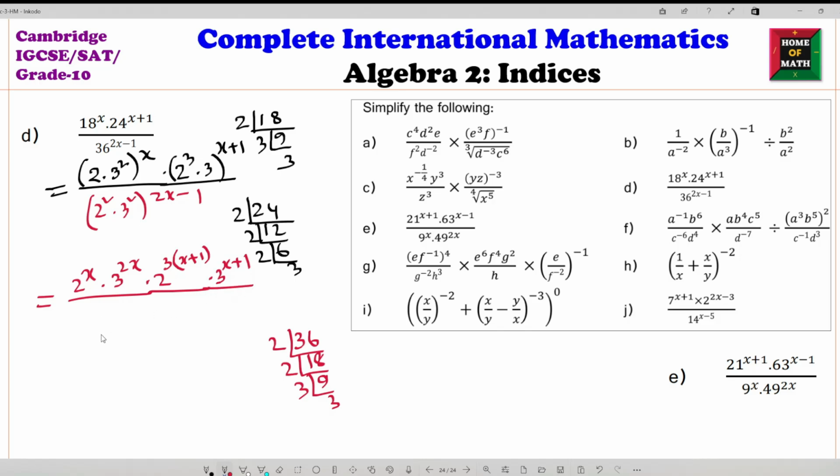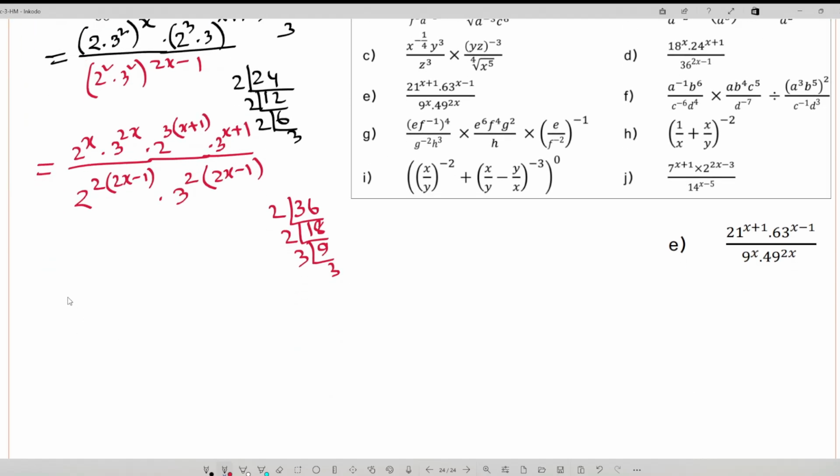Okay, and here 2 to the power 2 times 2x minus 1 times 3 square times 2x minus 1. Then we can write like this: 2 to the power x, here the base is 2 and 2, so we can write, since we know a to the power m times a to the power n equals a to the power m plus n.